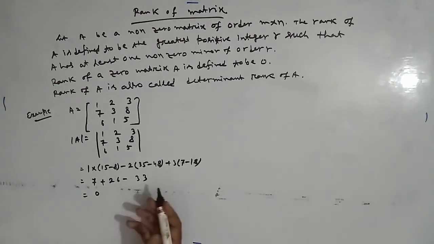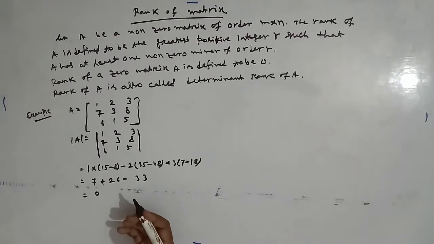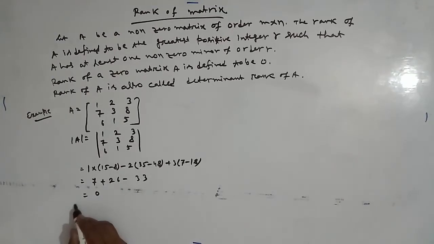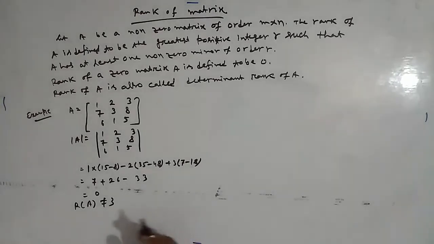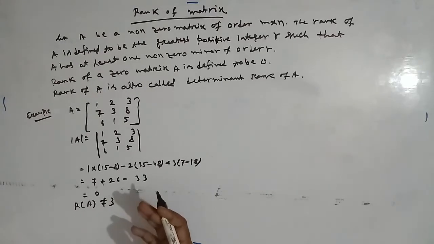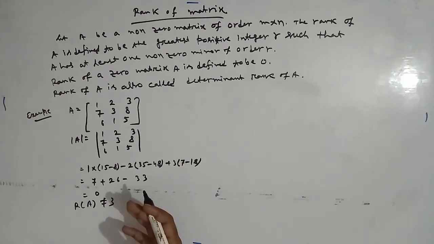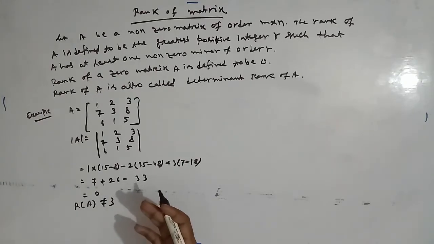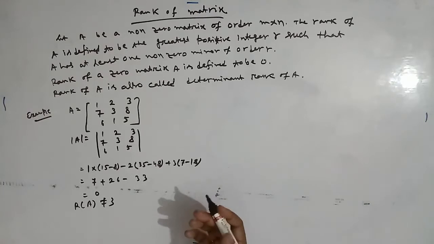So this is a zero minor, but we have to find the greatest order non-zero minor. So the rank of A will not be equal to 3. Since we are finding the greatest order minor, we started from the third order minor. Now we will go to a second order minor.